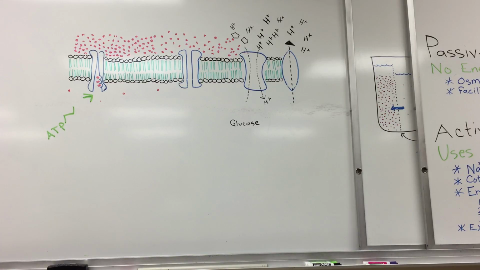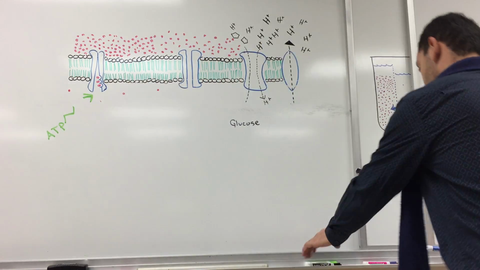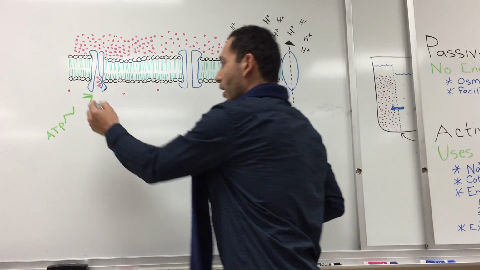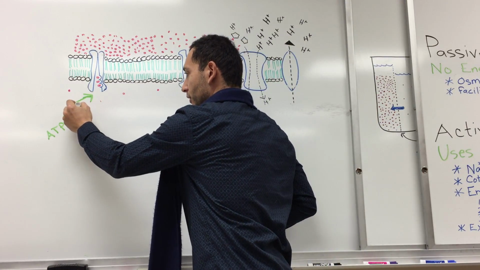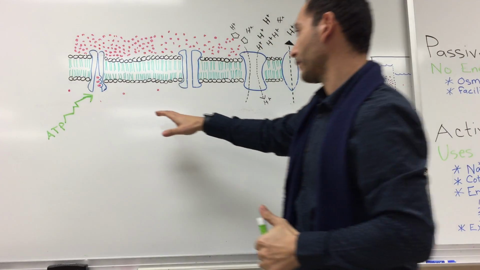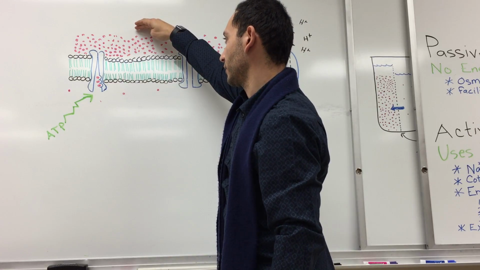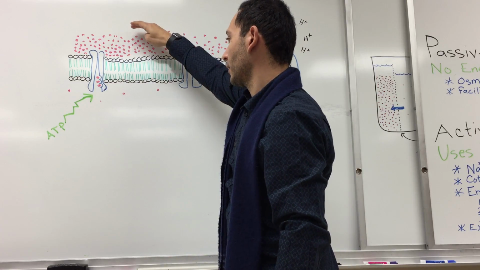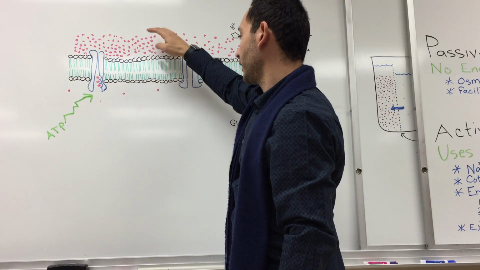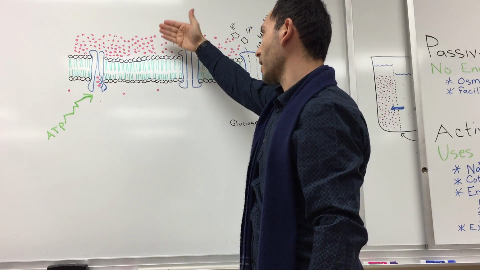Now, in active transport, and the specific example, the sodium-potassium pump, this requires energy. Why would anything require energy? And the answer is because we are trying to go from low concentration to high concentration. These molecules want to move from high to low.